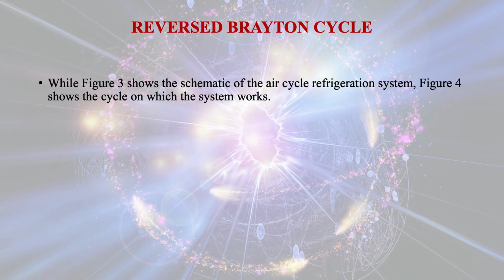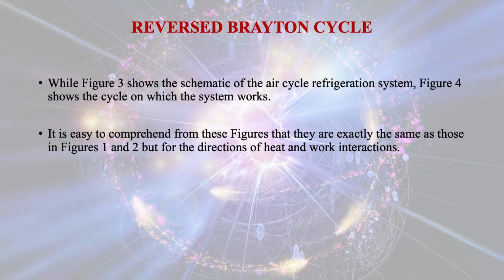While figure 3 shows the schematic of the air cycle refrigeration system, figure 4 shows the cycle on which the system works. So we are talking about the reverse BRAYTON cycle. We will see that when the cycle works in the reverse direction, it will work as air refrigeration system. So let us see how it works.